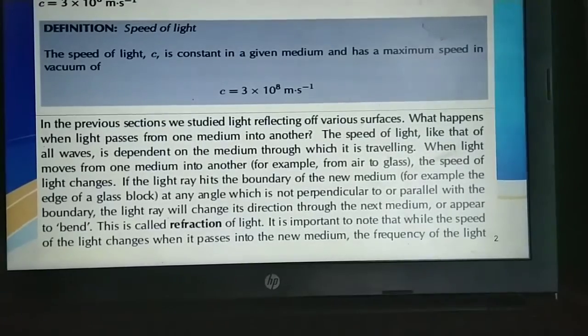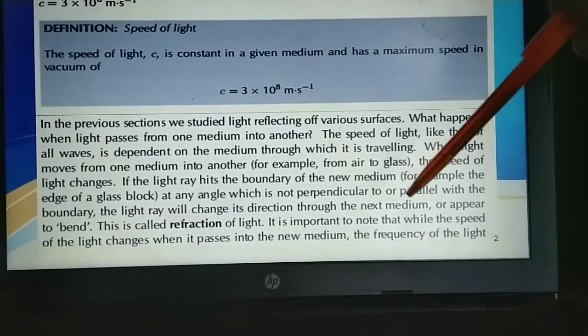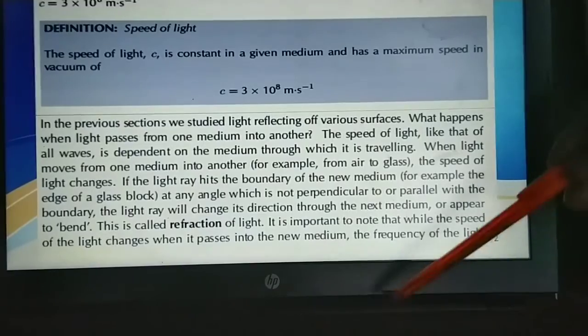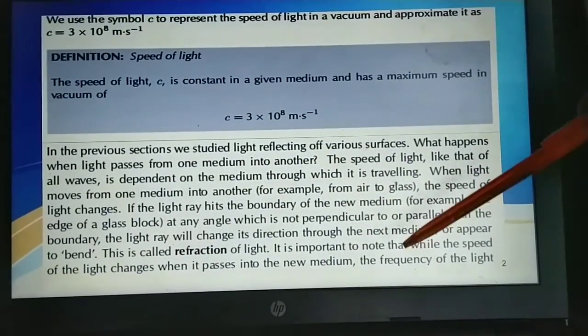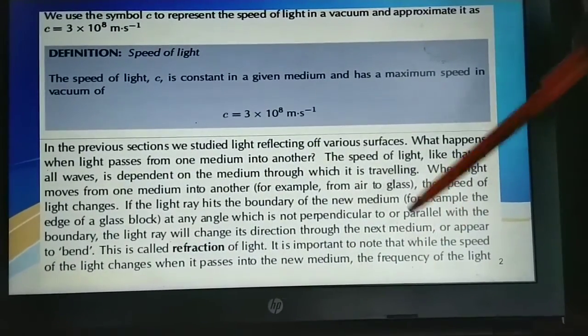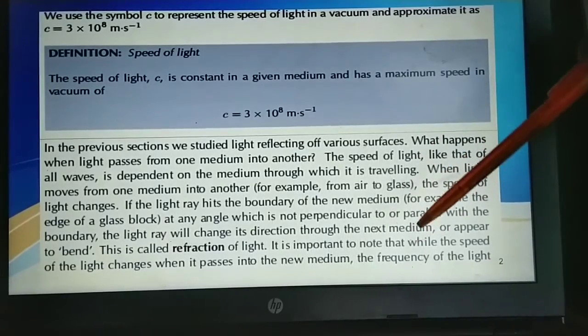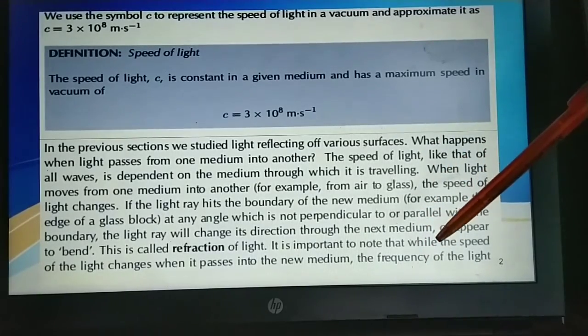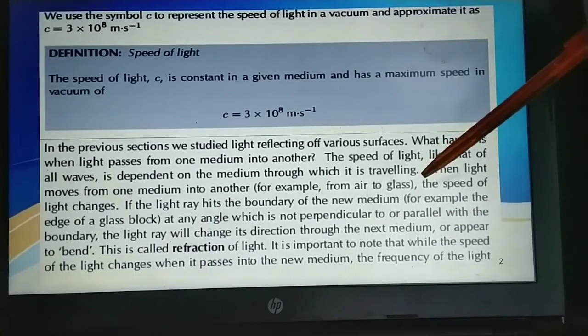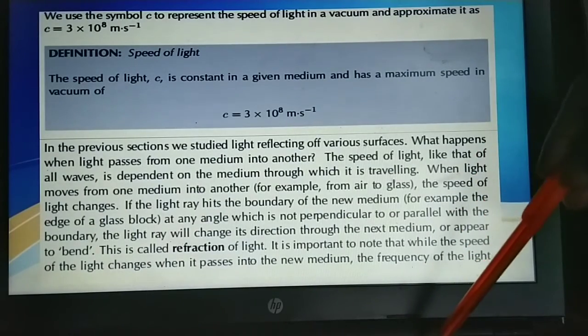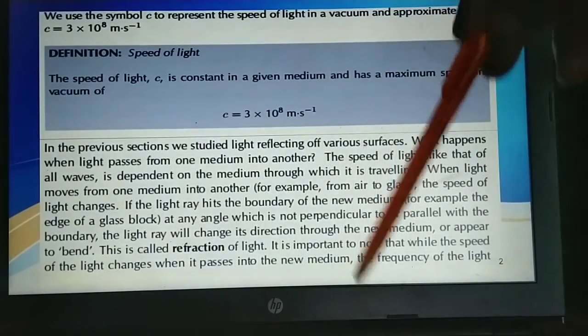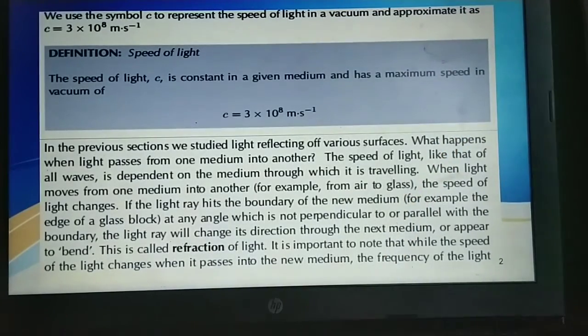For example, you are having the light like this, and if you strike here, we are not having a perpendicular angle. Remember the reflection one, it was based on what is known as perpendicular. That's why we're learning more about the light ray and the normal and so on. So when the light strikes here and it's not perpendicular, it is going to go through at a bent way, but obviously it's going to be bent.